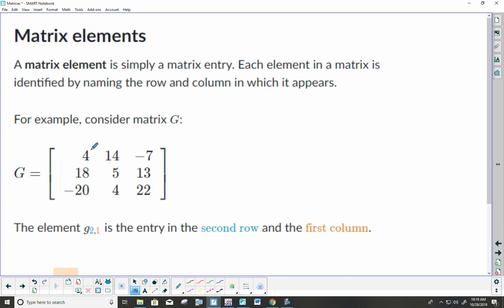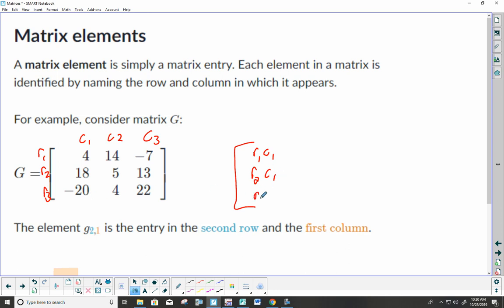The element in a matrix is an individual number that's in the matrix. So there would be 9 elements in this matrix. You can name each one, and again, this is row 1, row 2, row 3, column 1, column 2, column 3. And if I write this matrix out using the row and column designations, that 4 is row 1, column 1. The 18 is row 2, column 1.